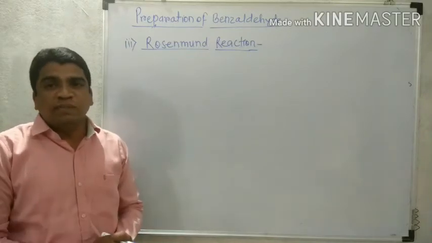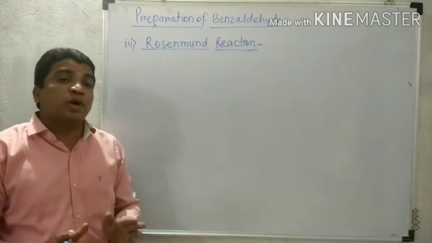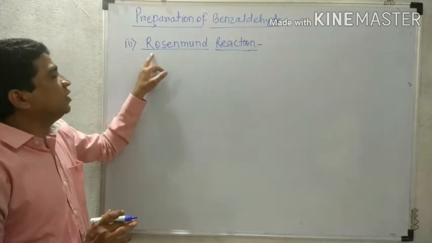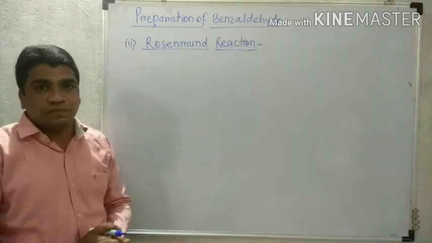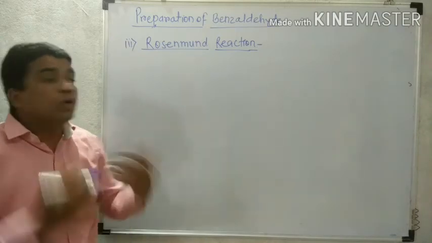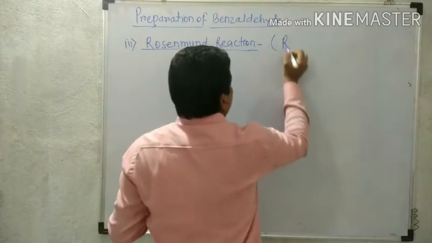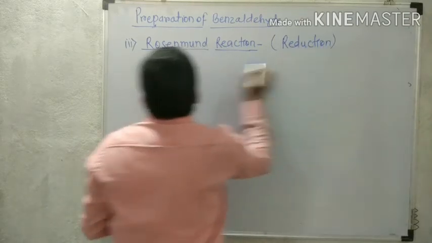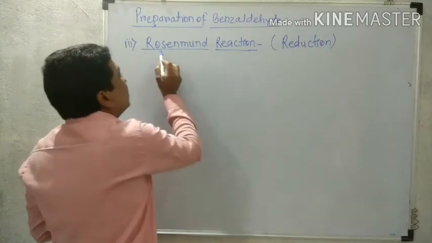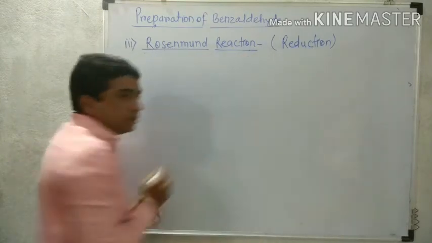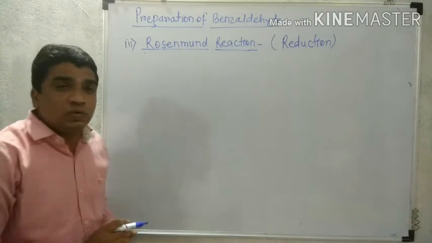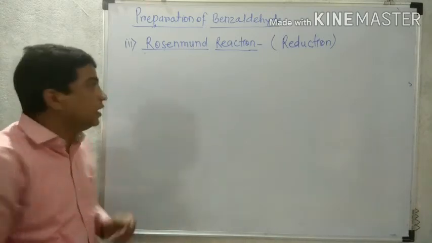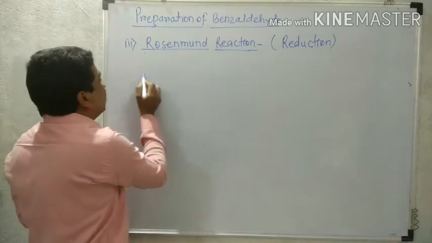Now again, one of the important methods for the preparation of aldehydes as well as benzaldehyde is the Rosenmund reaction, also called the Rosenmund reduction reaction, because actually this is a reduction reaction. In short, it is called the Rosenmund reaction. That reaction gives aldehydes, aliphatic as well as aromatic, that is benzaldehyde. So what is the Rosenmund reaction?